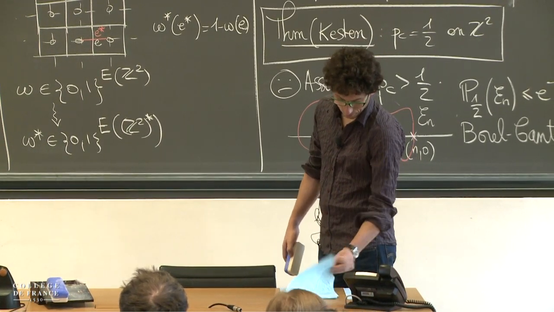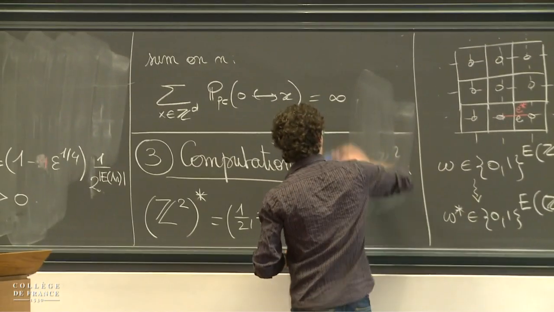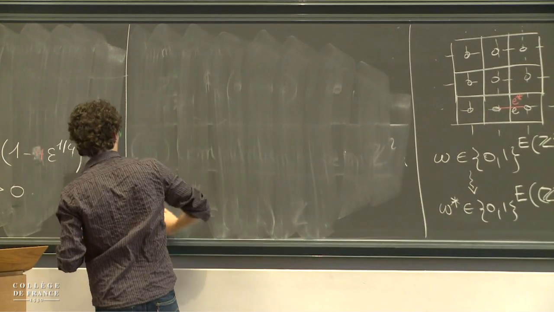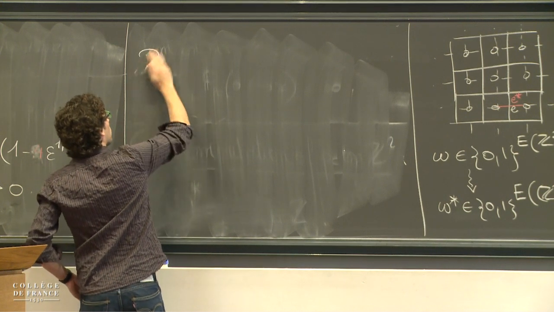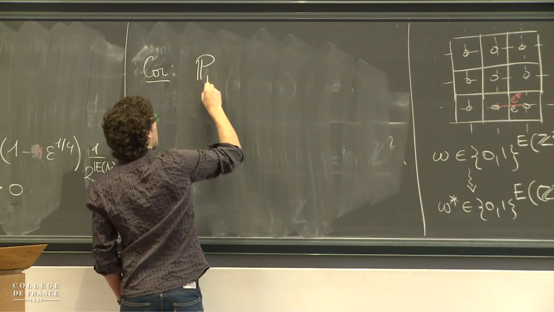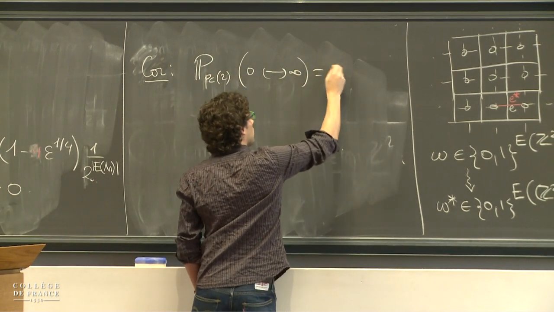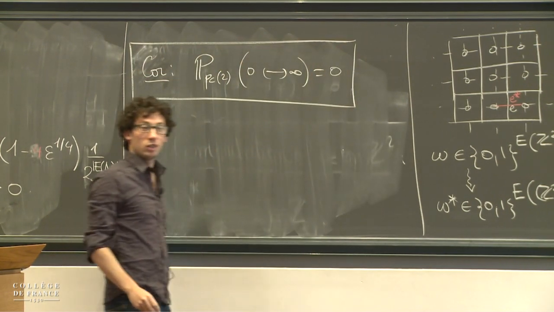OK. So that was, and you notice one nice thing, which is that as a very simple, direct consequence of all of this, I have also the following corollary, which is the probability at p_c of 0 connected to infinity is 0. So the phase transition on Z^2 is continuous.